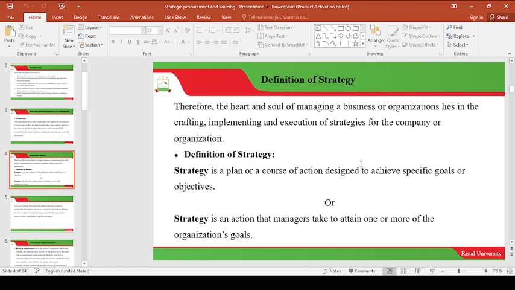These objectives can be SMART, that is, they can be specific, they can be measurable, attainable, realistic, and so on.